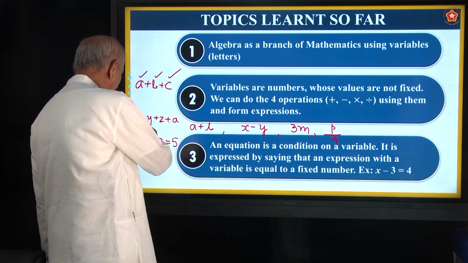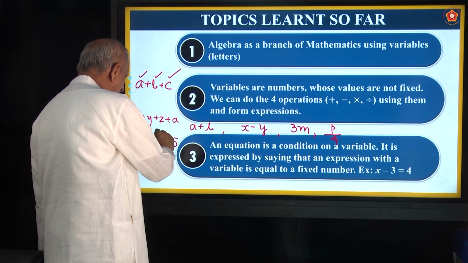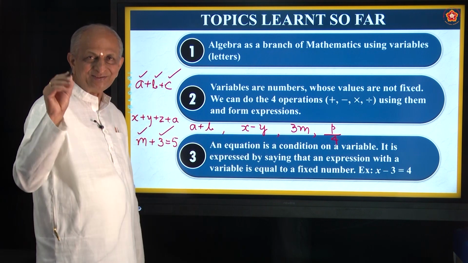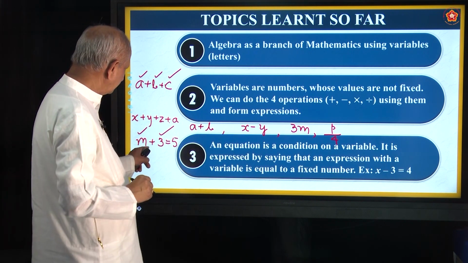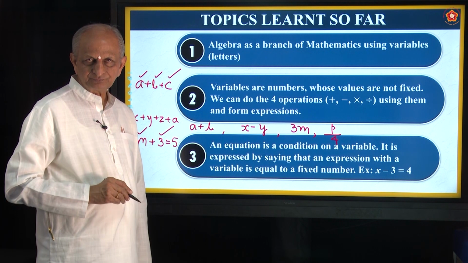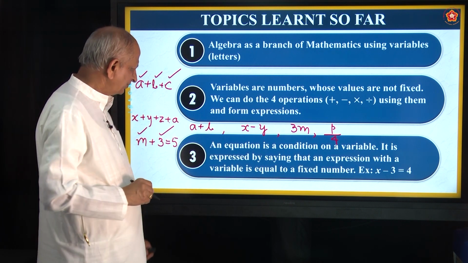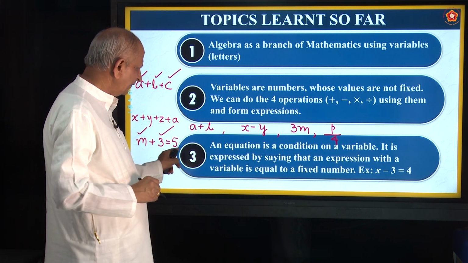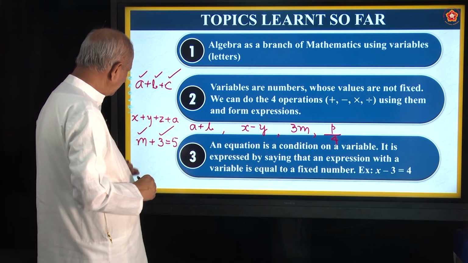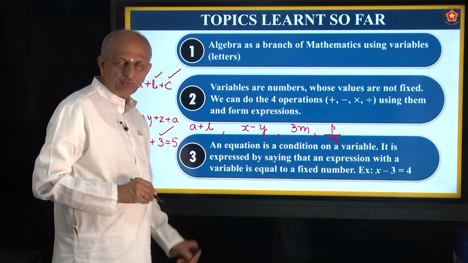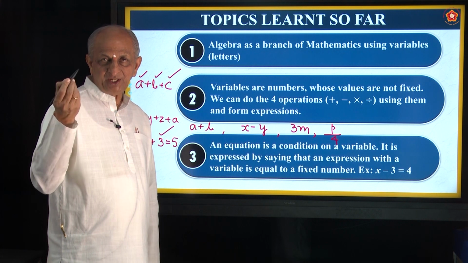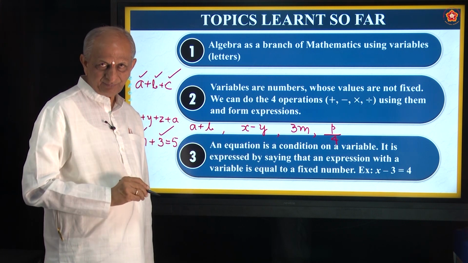Because m is a variable and we are adding 3 to it. So, the operation is plus here. So, this is called an equation. Here the value of the variable will change from equation to equation.